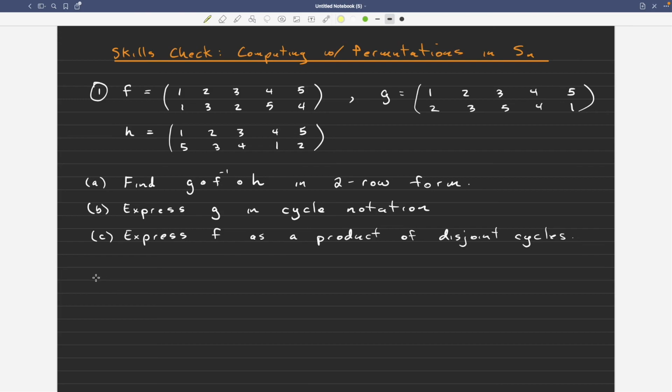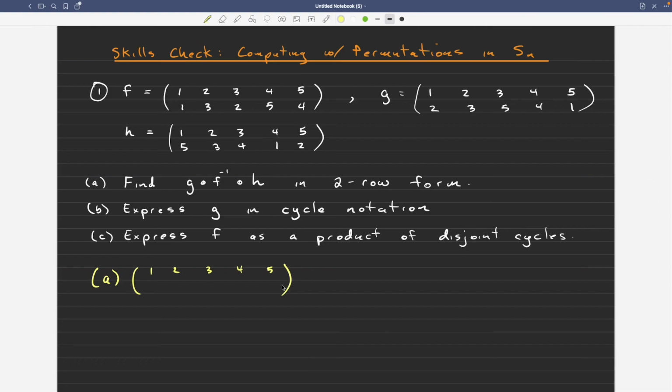So for part A, I think we can just do this by remembering that you do composition from right to left. So that means first do H, then do F inverse, then do G. So I know the result is going to be an element of S5. So I'm going to start off with 1, 2, 3, 4, 5 as the top row for this product.